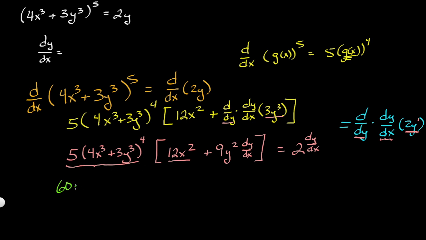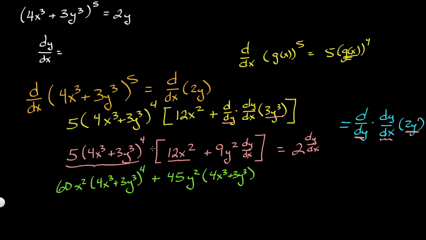And then x squared, that's being multiplied by this quantity of 4x cubed plus 3y cubed, still raised to the fourth. And now I'll multiply this factor by the next term inside this quantity. So 5 times 9 is 45. That gives me y squared, still times the 4x cubed plus 3y cubed.